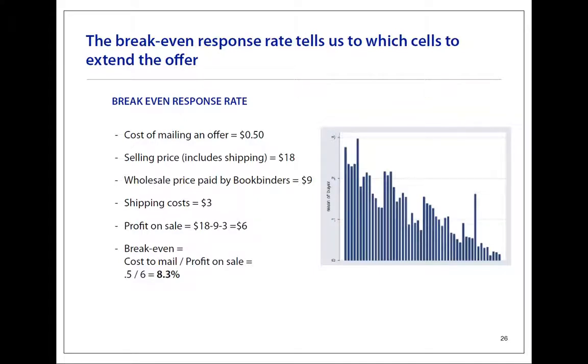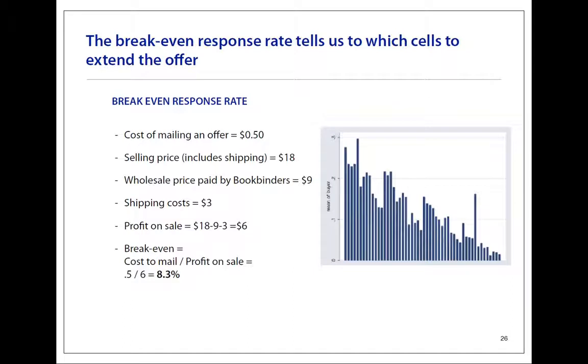So the net profit upon a sale will be $6. Using the formula we talked about earlier, the break-even that we can get here is basically 8.3%. So whoever got a response rate higher than 8.3%, we should send out this offer to them. And whoever got a response rate lower than 8.3%, we shouldn't send out this offer.